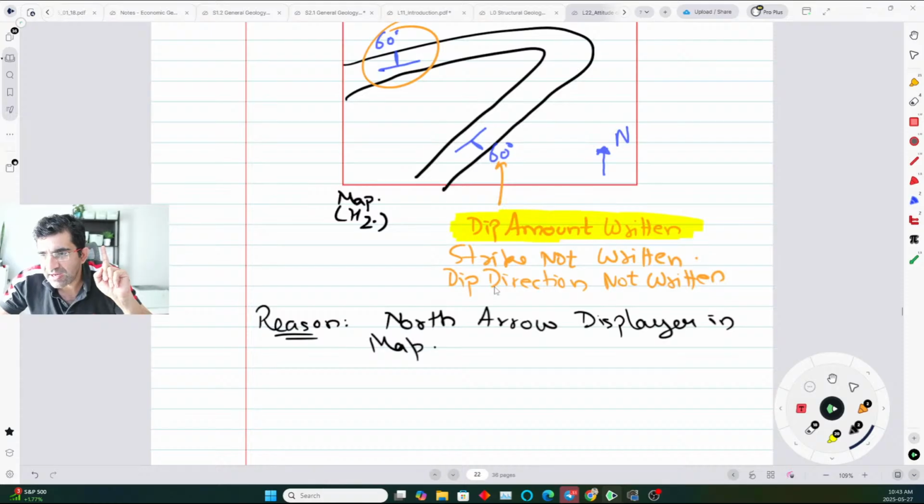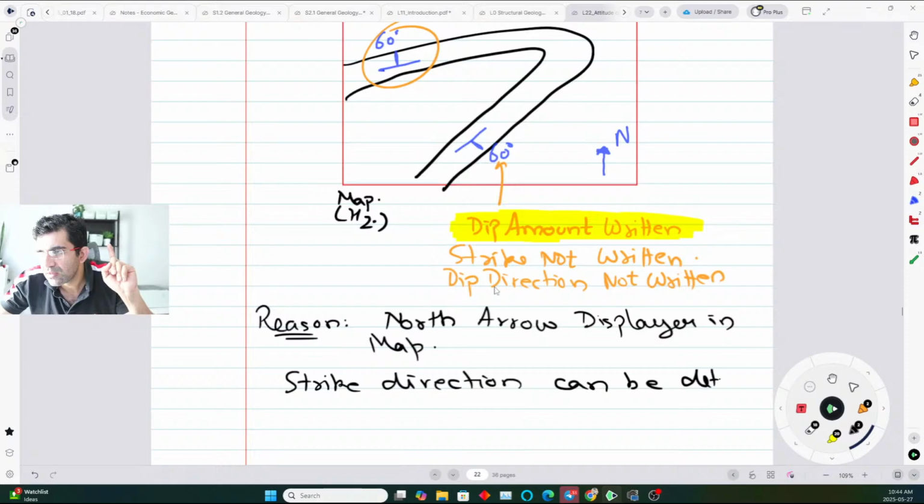So the strike direction can be determined by comparing to the north arrow.